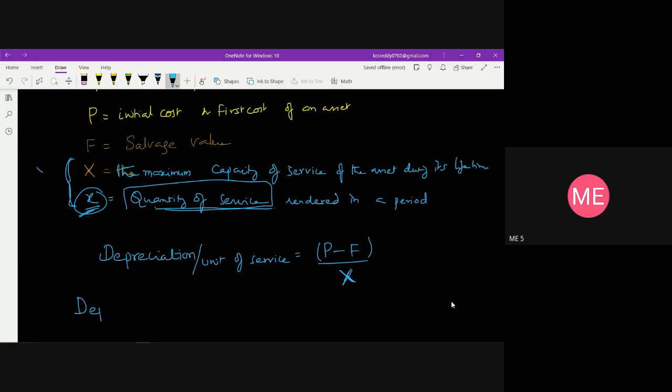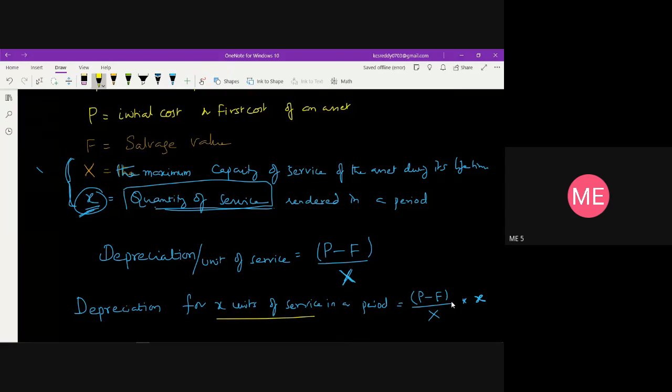In that case, the depreciation for x units of service in a period is equal to (P minus F) by capital X into small x. This gives you the depreciation amount for x units of service.